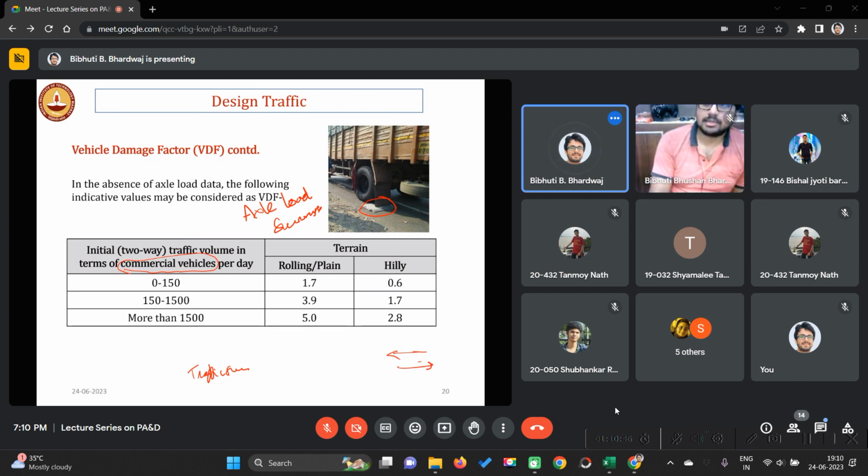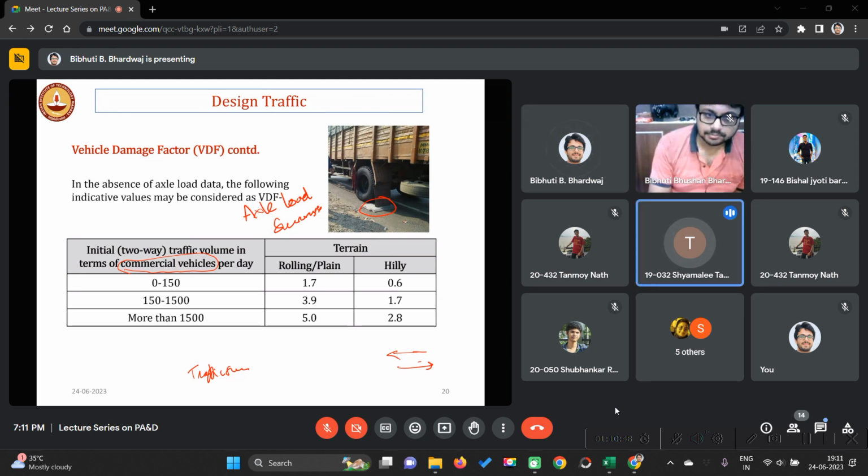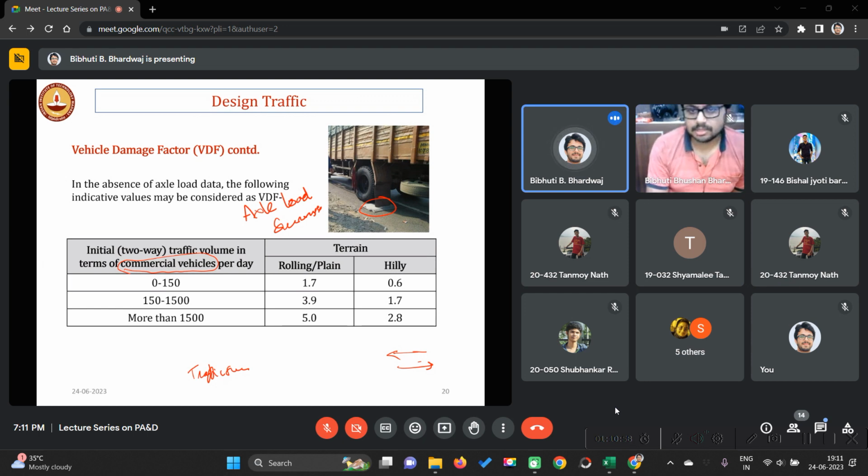We already discussed. So greater than 3 ton. Yes, when the load of the vehicles is more than 3 ton, then those vehicles are called commercial vehicles. Not those vehicles which has like yellow number plates. It has nothing to do with number plates. Commercial vehicles in pavement engineering means the vehicles that carries more than 3 tons.